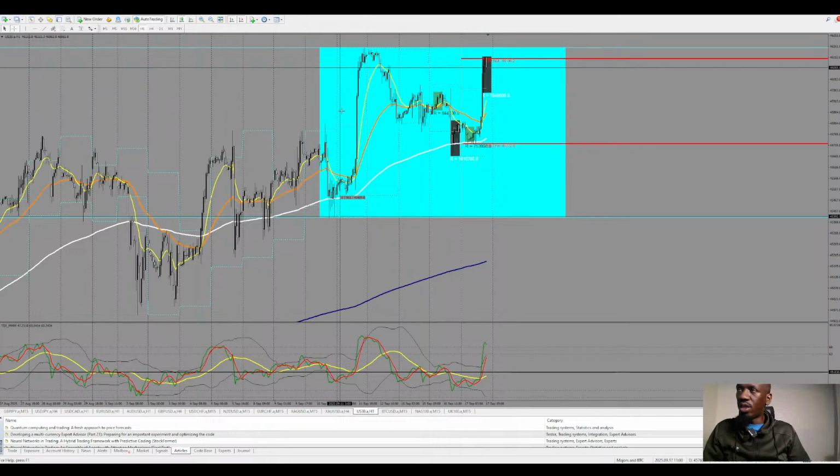So from here to here, if we were to look at 50% of that, that is here. So once price got here, we want to see price having pulled back to at least 50%. And yes, price pulled into the 50%.